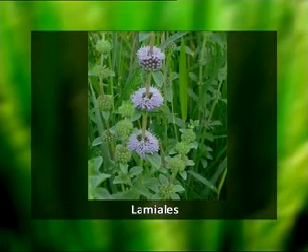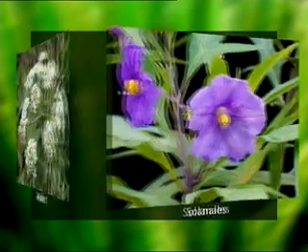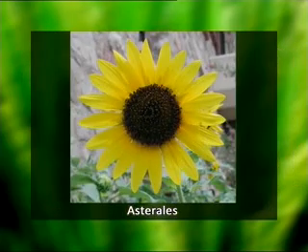Lamiales is the common order wherein we have the mint plant. The various aromatic plants belong to the lamiales. Then we have solanales, apiales, asterales. Asterales is a very large group of plants, eudicots, and this asterales is lastly followed by one order called dipsacales.